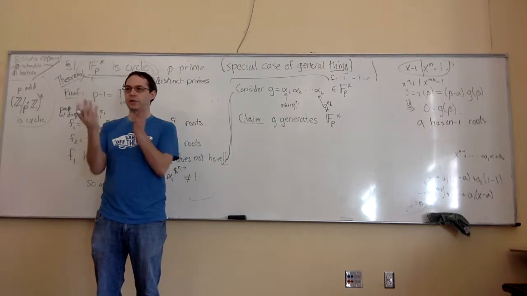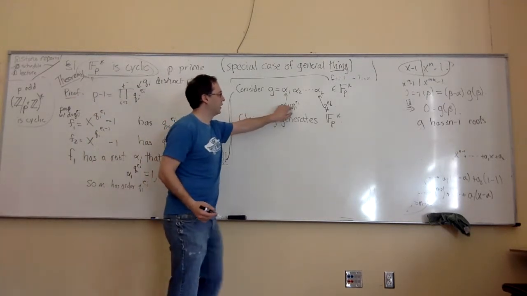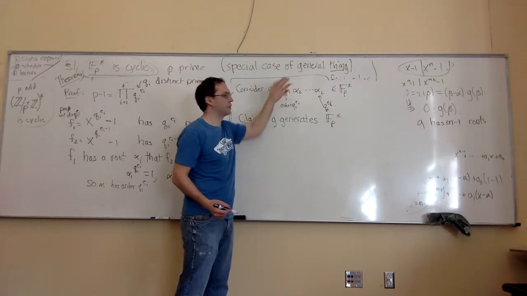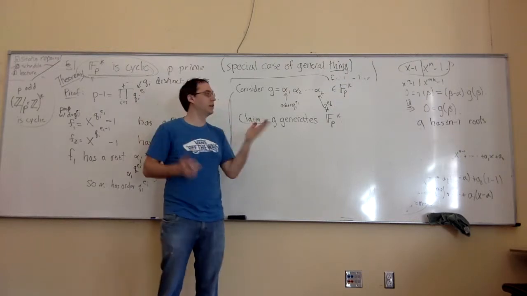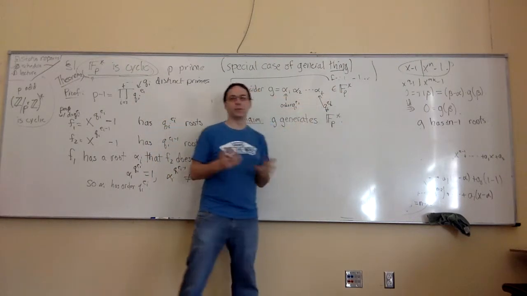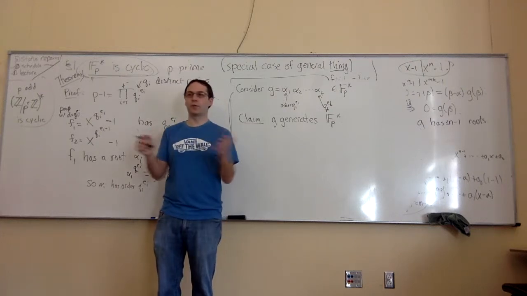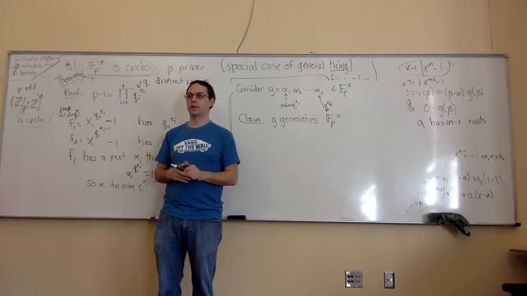It's just that if you have elements of coprime order, alpha 1 has order q1 to the e1, alpha 2 has order q2 to the e2, those orders have nothing to do with each other. In an abelian group, namely the multiplicative group of F_p, when you multiply elements together of coprime order, the resulting element has order the product of the two orders.